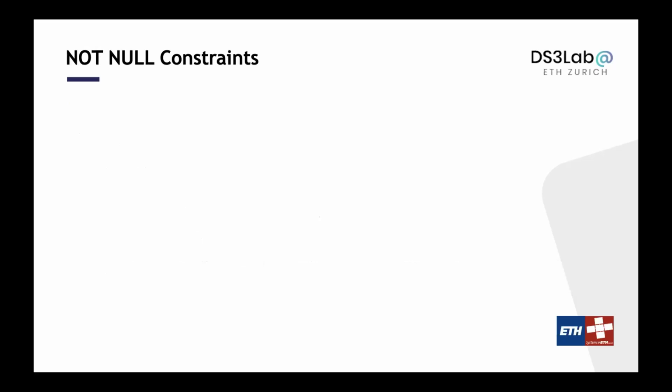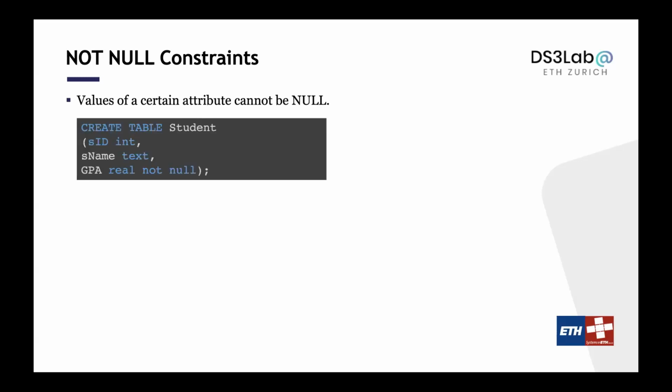Okay, so now let's start from an easy one. Whenever you have a piece of data and you say, in this relation, I really do not want the value to be null, I only want to deal with data without null in it, how can you do that? You can introduce the not null constraint, and you can write this in the schema.